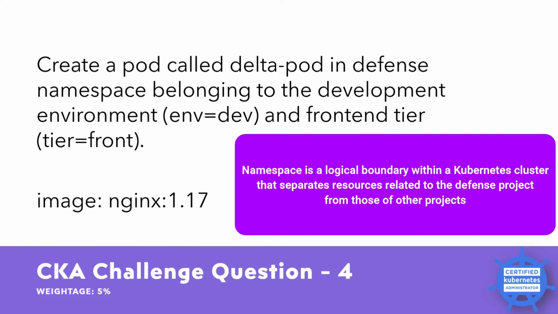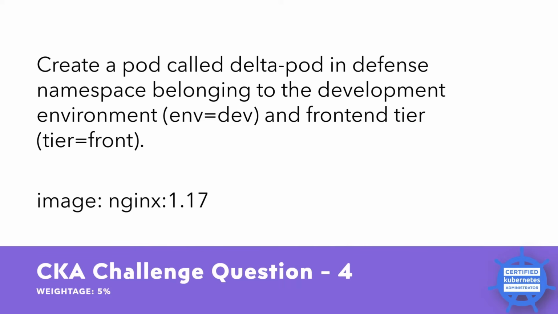The defense namespace is a logical boundary within a Kubernetes cluster that separates resources related to the defense project from those of other projects. By creating the delta pod in the namespace, you can ensure that it is isolated from other pods and resources in the cluster. Additionally, the pod is labeled with the environment and tier labels to identify its purpose and characteristics.